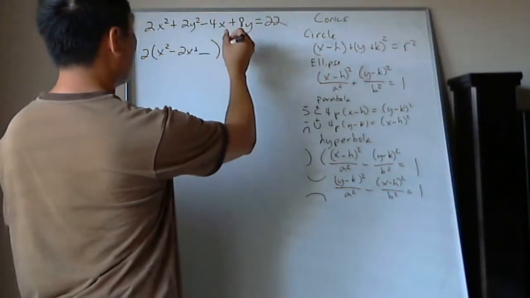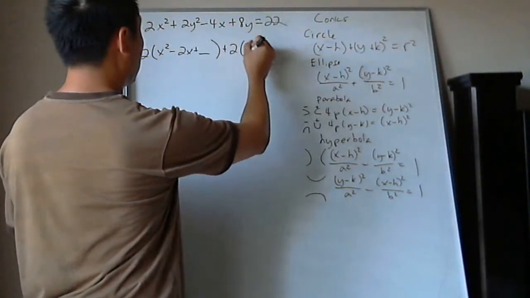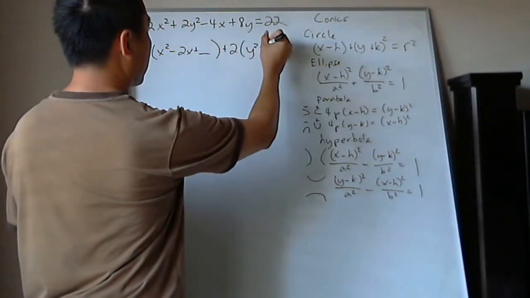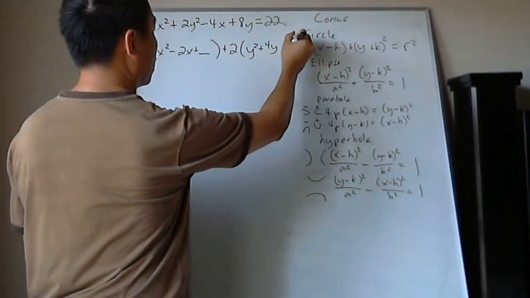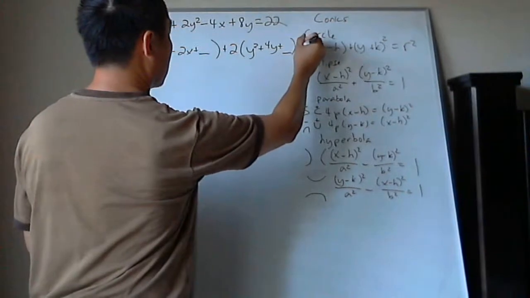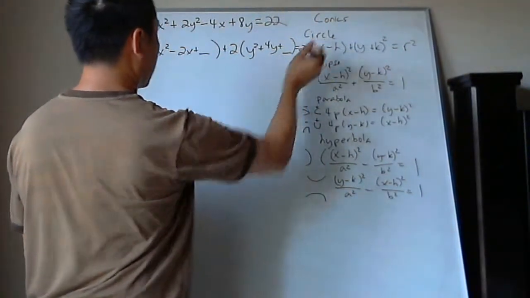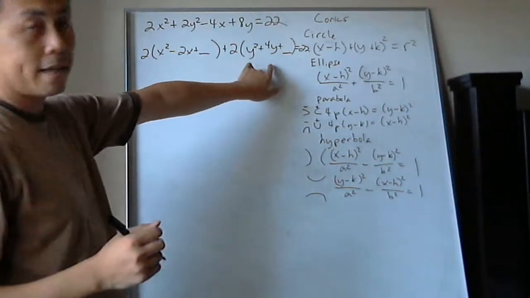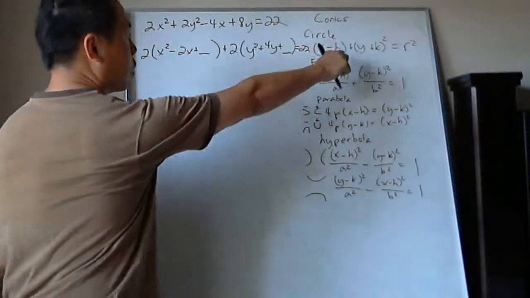Plus 2y squared plus 8y, so I distribute into that, and then equals 22. So I factor out a 2 on each of the x's and y's. Okay? So I'm putting it into this format.